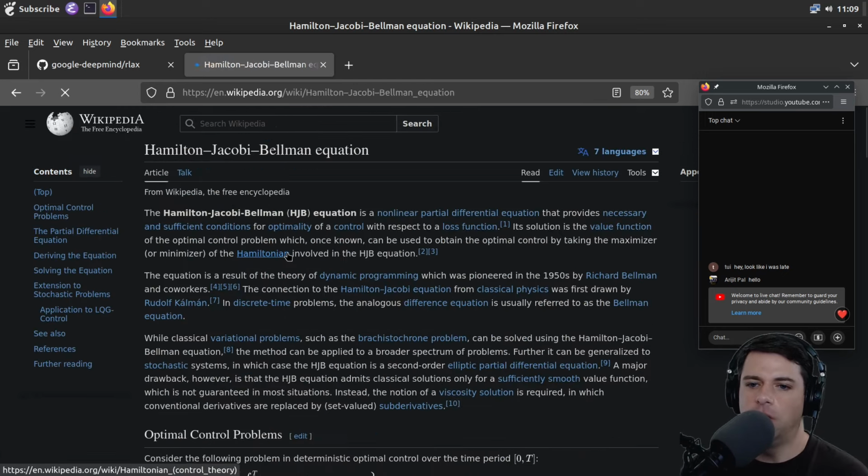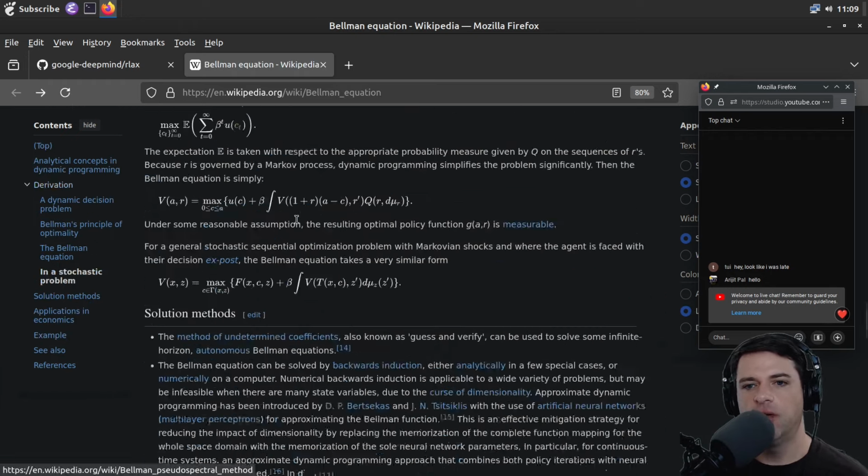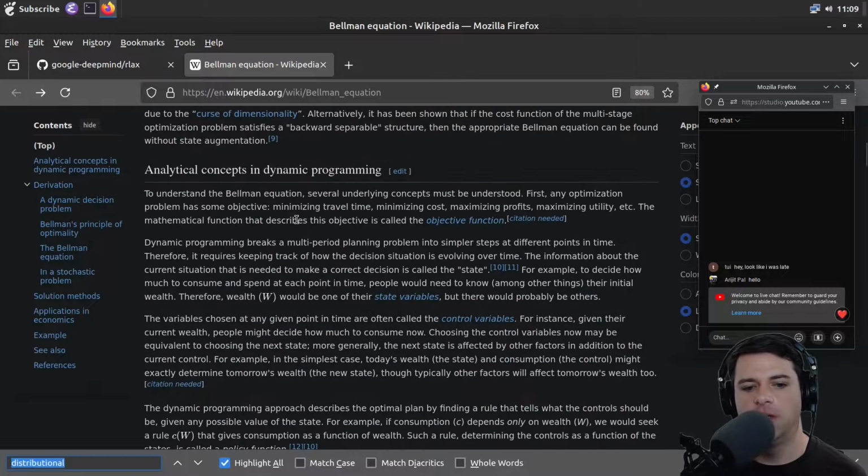Hamilton, Jacobi, Bellman: a nonlinear partial differential equation that provides necessary and sufficient conditions for optimality of a control with respect to a loss function. Okay, so I guess the regular old Bellman is maybe linear.